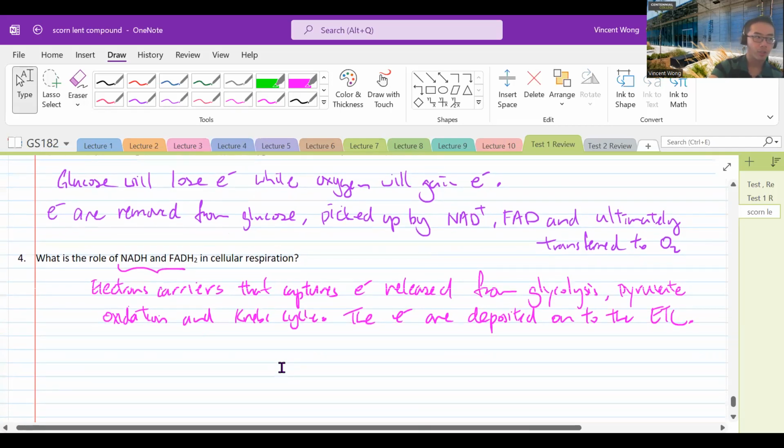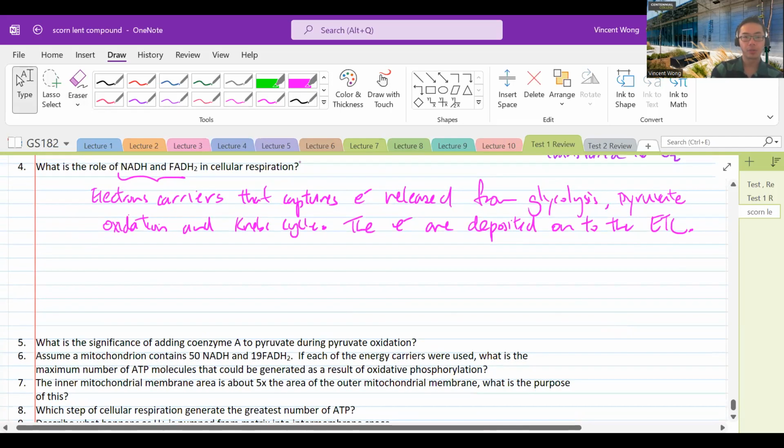Okay, and just in case you've forgotten, NAD plus plus the electron will become NADH. I never told you where the H comes from, but it doesn't really matter. The key point to know here is you're picking up the electron, so this way it is reduced.